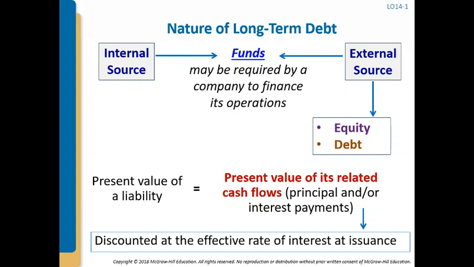The interest payments are annuity payments, meaning they are a fixed amount each period. And the other part, the principal amount owed, is the amount that is going to be paid in the future.